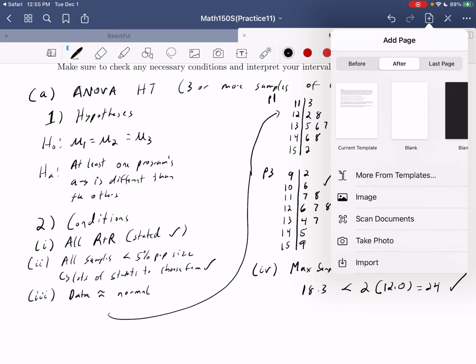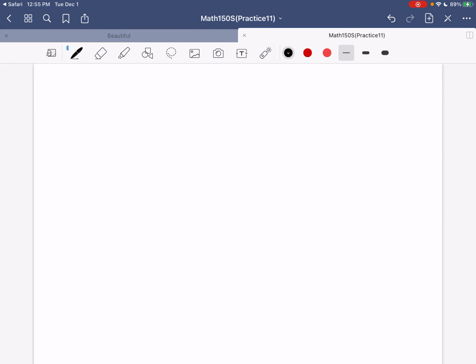All right, let's go ahead, give ourselves a fresh page, and finish this up. So now we're ready to go to steps 3 and 4, which are the test statistic and p-value. Since we use the calculator to handle the ANOVA calculations, we can just put these two steps together. Remember that to do this, we're going to go to ANOVA, which is under the Stat and then Tests menu.